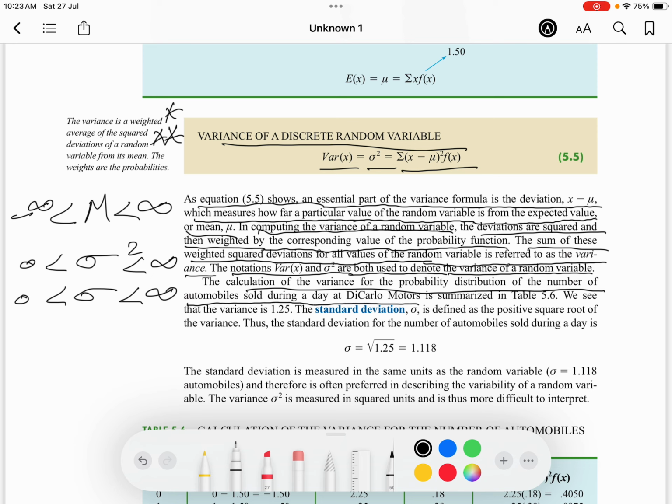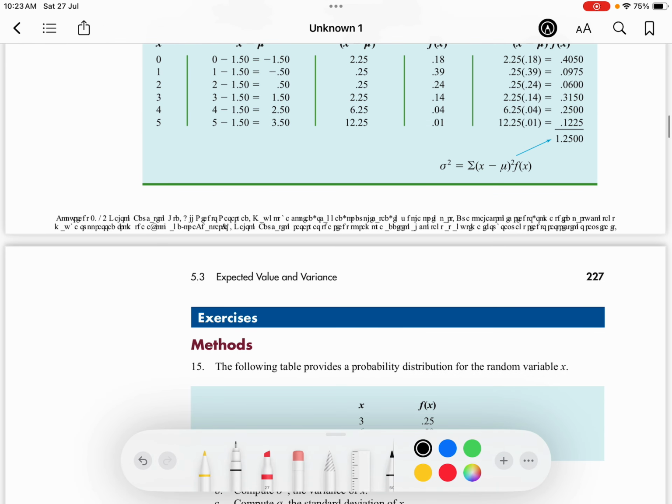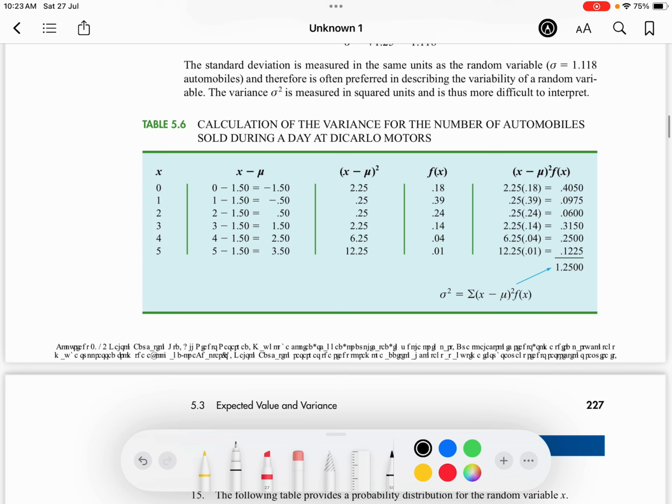For the calculation, the variance for the probability distribution of the number of automobiles sold during a day at Descartes Motors is summarized in the table. We see that the variance is 1.25. The standard deviation is defined as the positive square root of the variance. Thus, for the standard deviation, take the square root. I will show you how to calculate it when we calculate the sample standard deviation or sample variance.